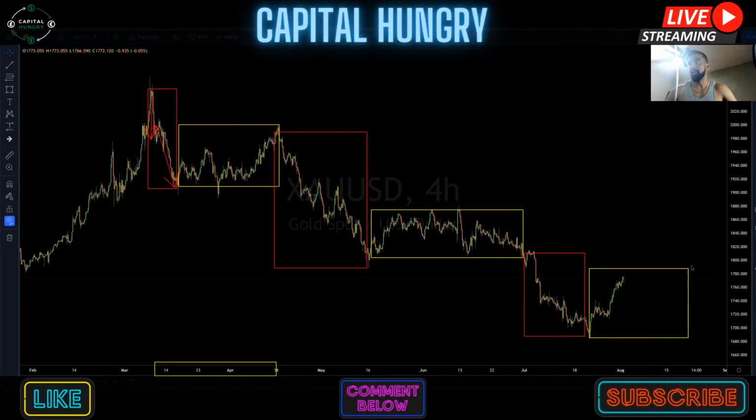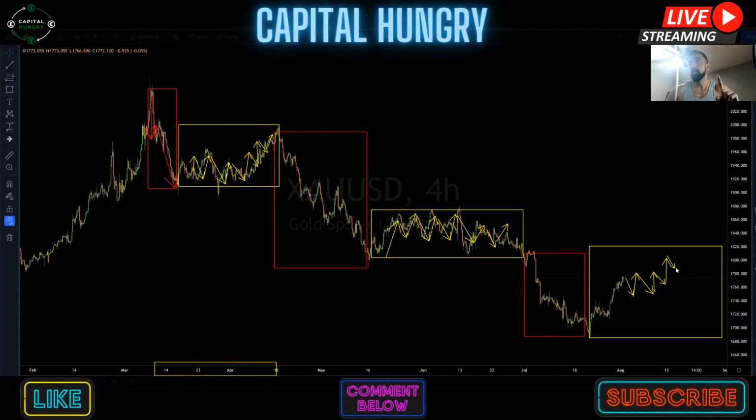This pullback phase up into the 1800s and 1820s, the corrective phases, even though we have to adapt to it accordingly, it's always a lot choppier, it's always a lot messier, and it always lasts a lot longer compared to the actual impulsive moves with trend. Does everybody understand that lesson?